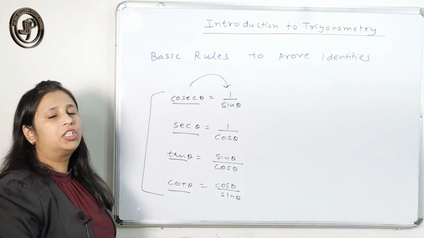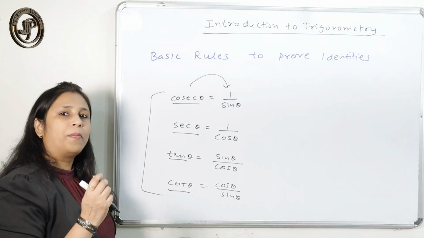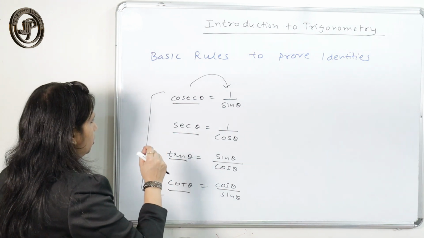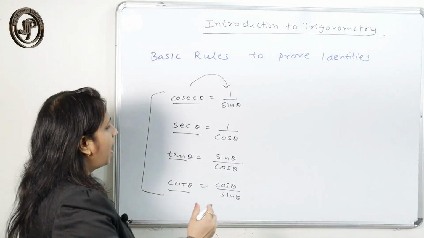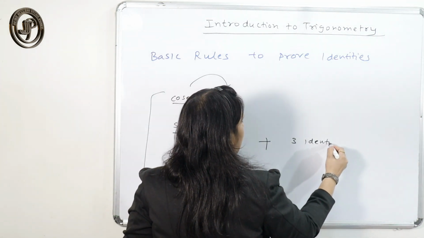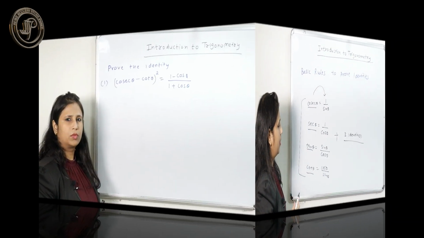During the simplification, identities are required. So in order to get command over this topic, you first have to memorize this thing and the 3 identities that I have given at the starting.